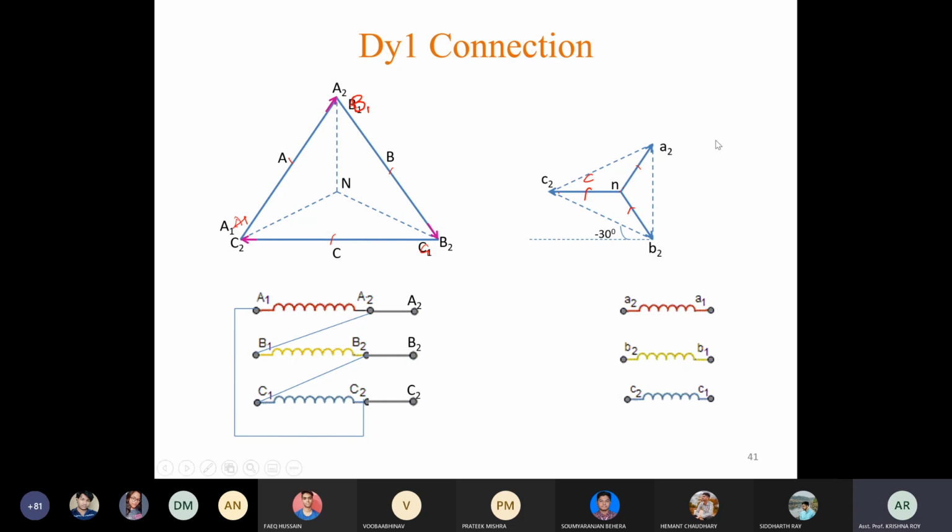In case of the secondary side or low voltage side, all the one terminals are short circuited and the outputs are taken from A2 B2 C2. Any question? No. So let us go to the next connection. This is the neutral terminal in case of the low voltage side, which is star connected.